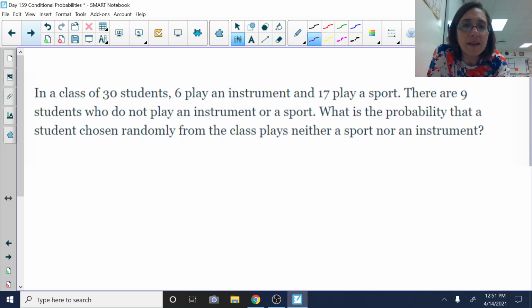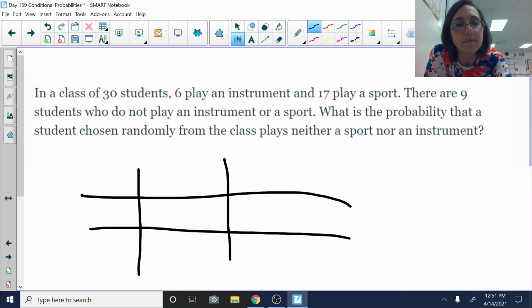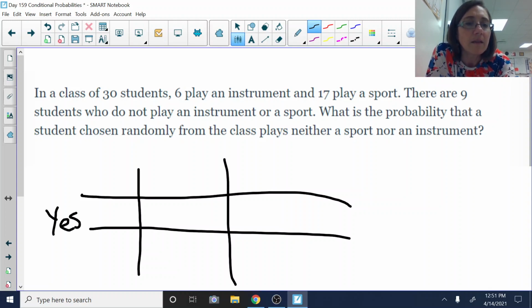So let's break this down here. So we have a question about if they play an instrument, and then another question about if they play a sport. So let's make a little table here. So yes, instrument. I'm going to abbreviate because that's too long of a word.